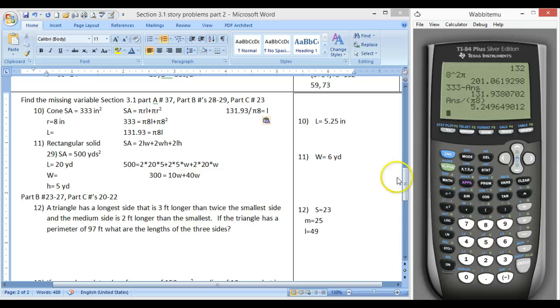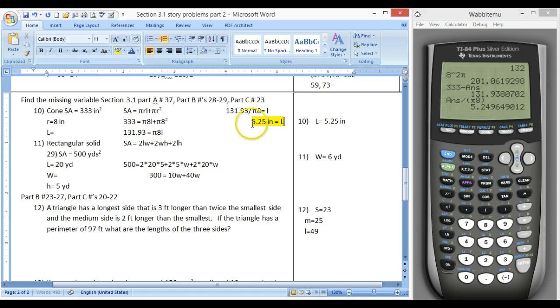And I round it, in this case, because I decided, to 2 decimal places, and the answer is 5.25, and this was in inches, so this is inches equals L.